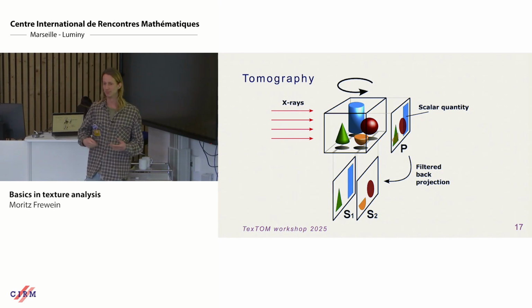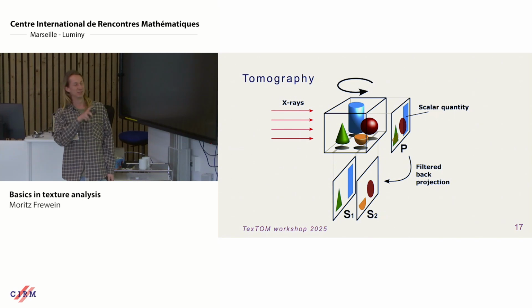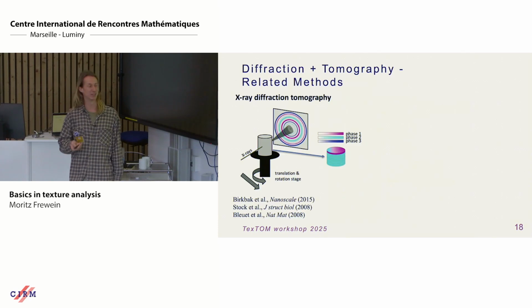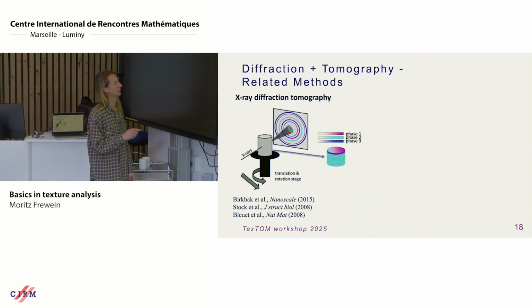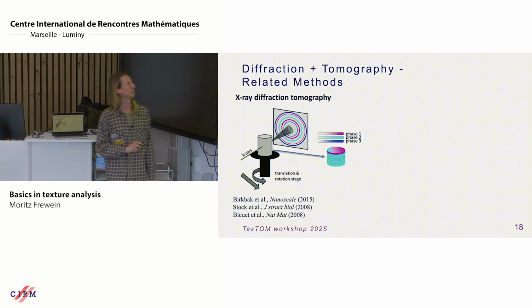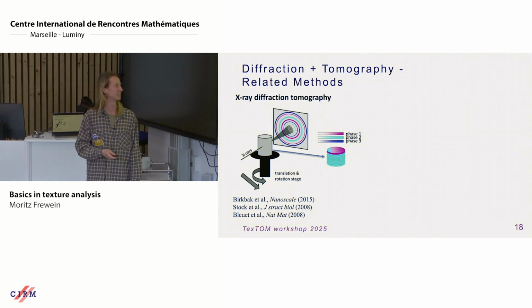However, in our case, we don't necessarily record a scalar quantity, but in each point, we will record a full diffraction pattern. And so if we have diffraction and tomography combined, there's a few methods already out there.